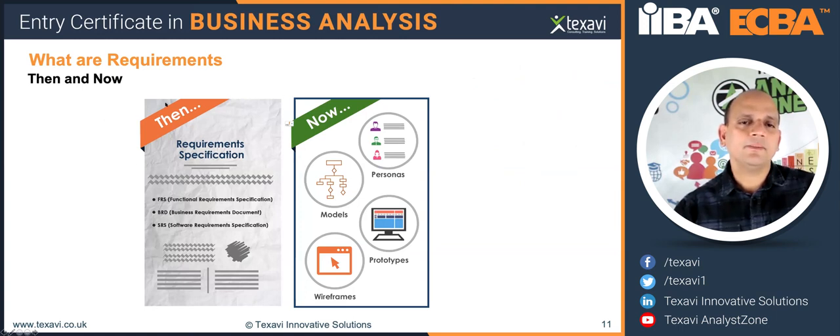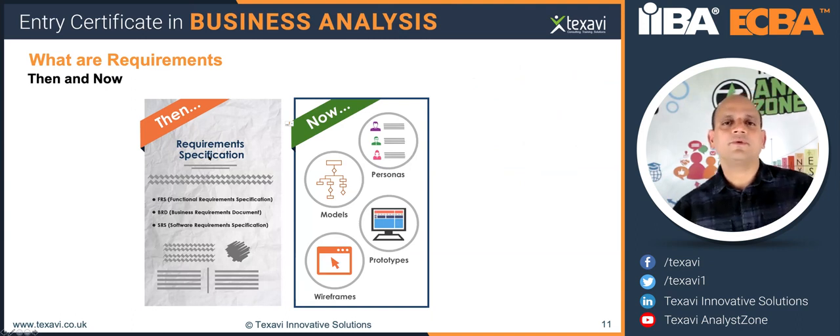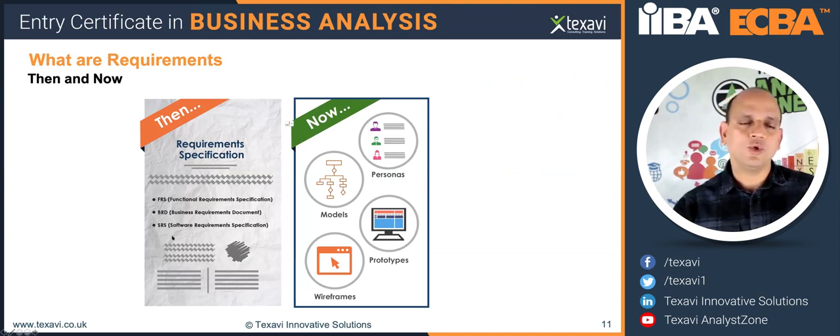We discussed this in the other course as well, so I don't want to delve deeper on this, but requirements back in those days in the traditional waterfall type of projects were basically the functional requirement specification, the BRD, business requirements document, software requirement specification, the MRD, market requirements document, URD, user requirements document, and so on and so forth.